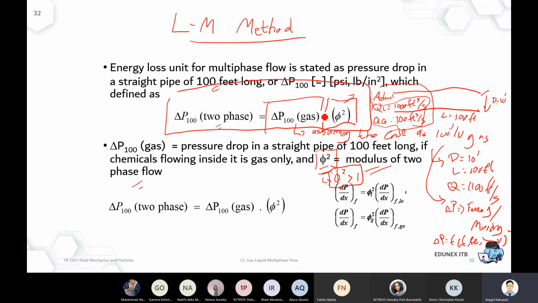This part can be calculated as explained in the previous topics. The new concept now is how to calculate this modulus of two-phase flow, using empirical experimental data. Okay, any questions so far? All good, yeah.